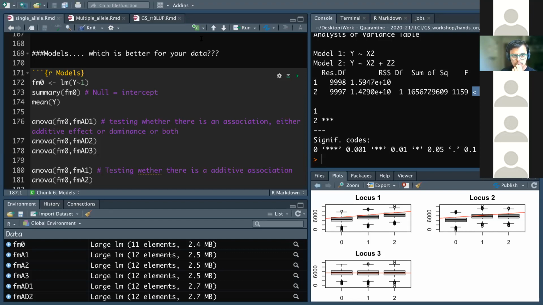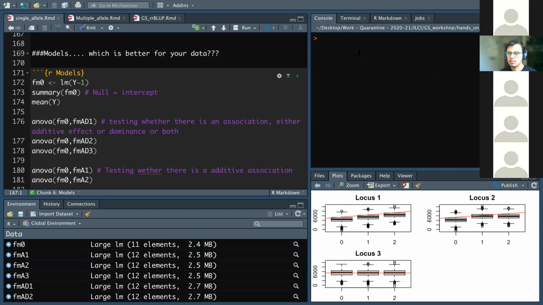Can you please explain to us, from the data analysis outputs, in which case we should assume there is an additive effect or there is a dominance effect? Do you get the question?